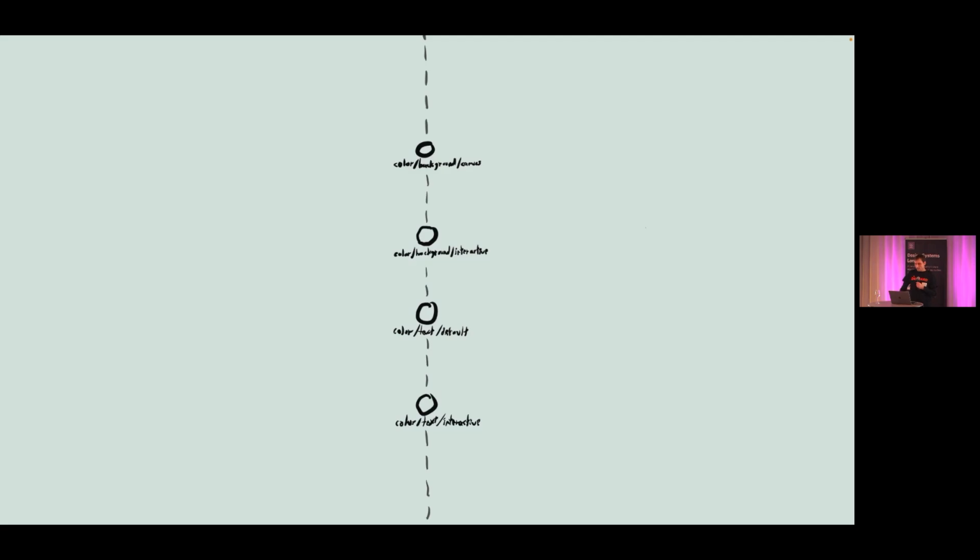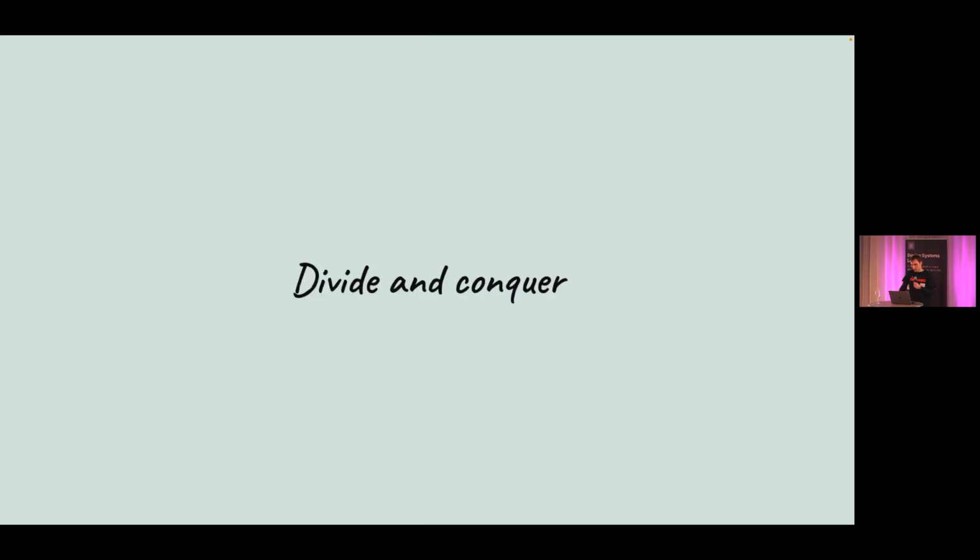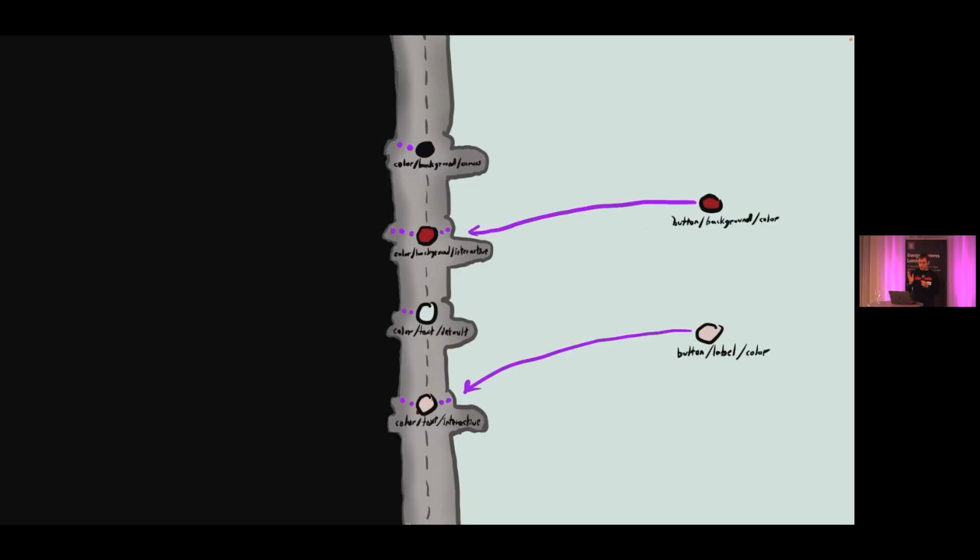So just as in programming, I think if we apply that thinking to design tokens, that might have some useful applications. So the first is we can divide and conquer. We can create a nice division of responsibilities, right?